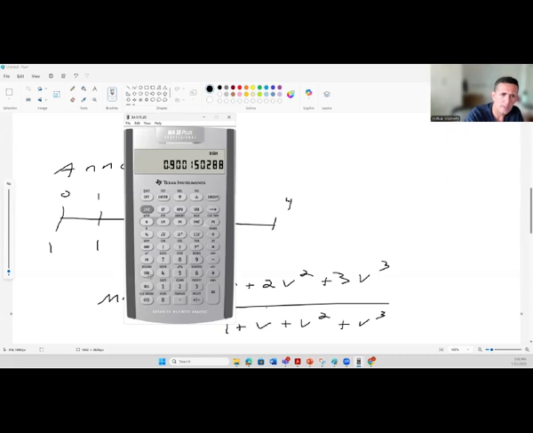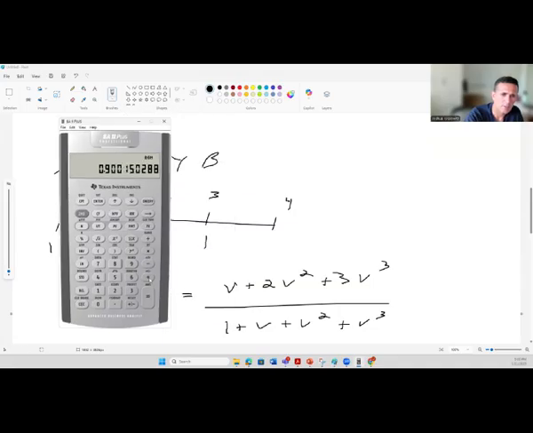So now this is easy. Get the numerator first: recall 1 plus 2 times recall 1 squared plus 3 times recall 1 cubed. Store that in the 2 spot.